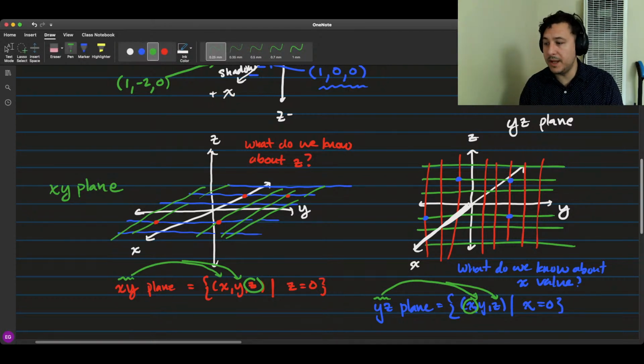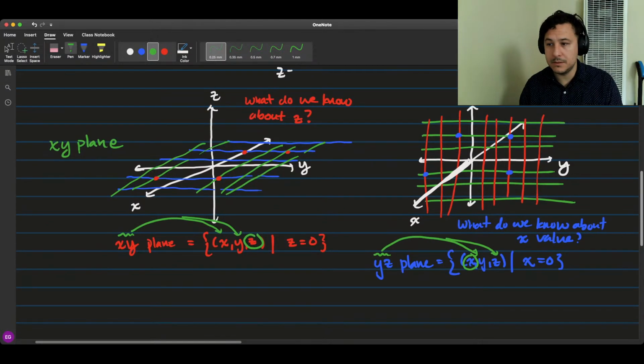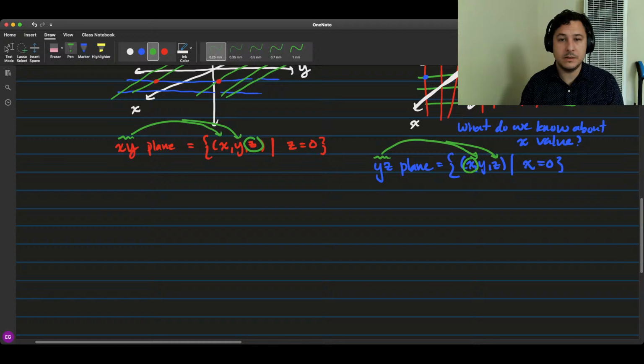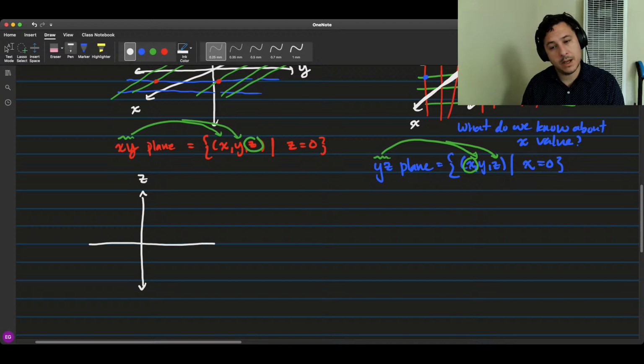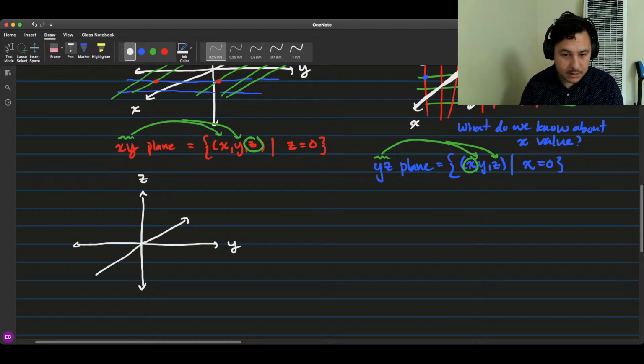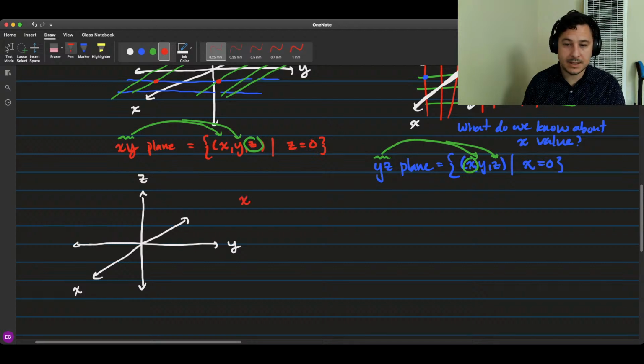Okay, we've got one more plane to talk about. We'll start off by drawing our z-axis, our y-axis, and our x-axis. Okay, so we've done xy, we've done yz, so that leaves us with, we need to do the xz plane.